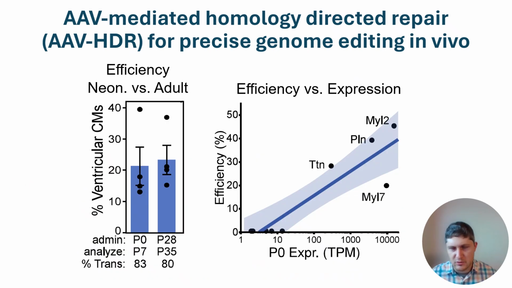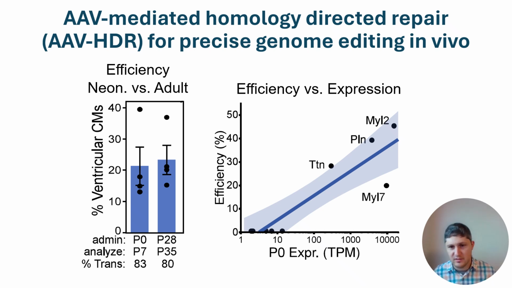So this was in neonatal cardiomyocytes, but we also went on to show that it works at similar efficiencies even within adult cardiomyocytes. And this was really surprising. It was previously thought that as postnatal cardiomyocytes withdraw from the cell cycle, a lot of the molecular machinery that's required for homology-directed repair would not be active and not be present.